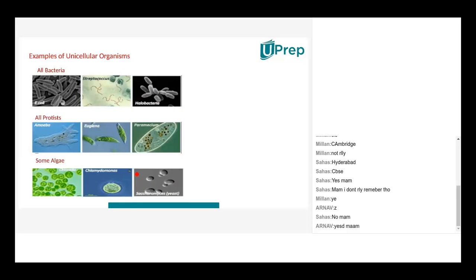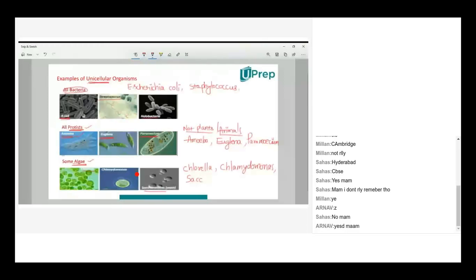And protists are not plants or animals. So a question can be asked whether euglena is a plant or animal. Euglena is not a plant, not an animal. It is a protist. Understand the words. Amoeba, euglena, paramecium are a few examples. There are several examples, but here I have given a few.